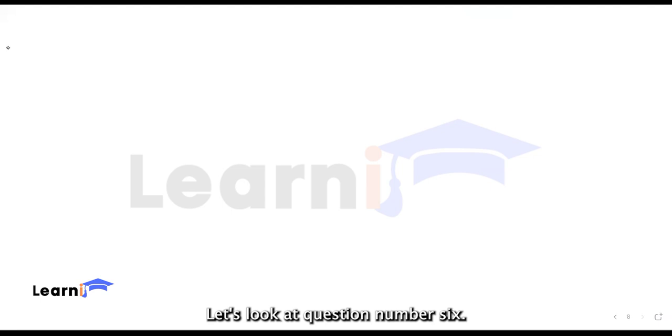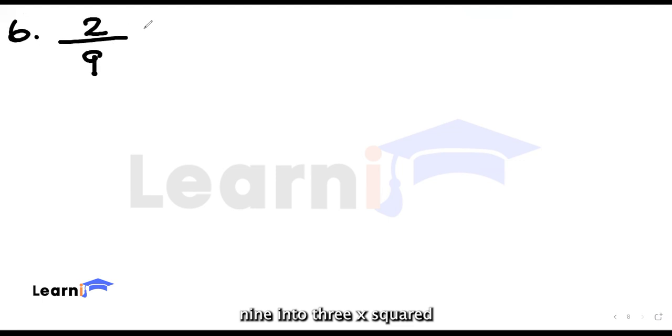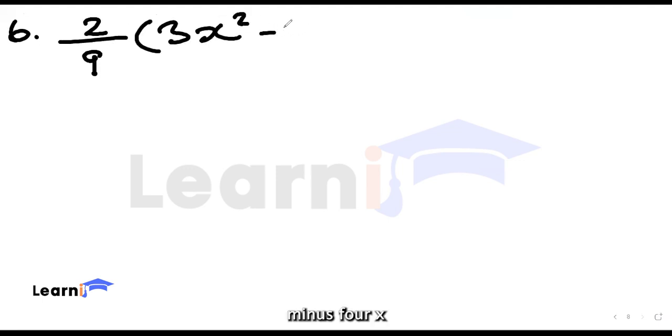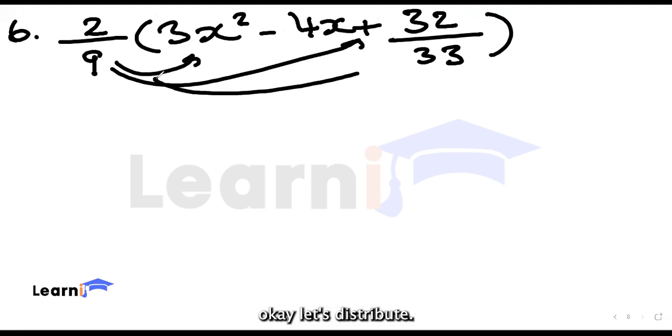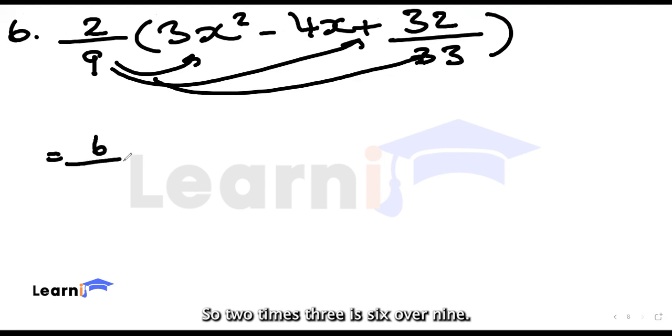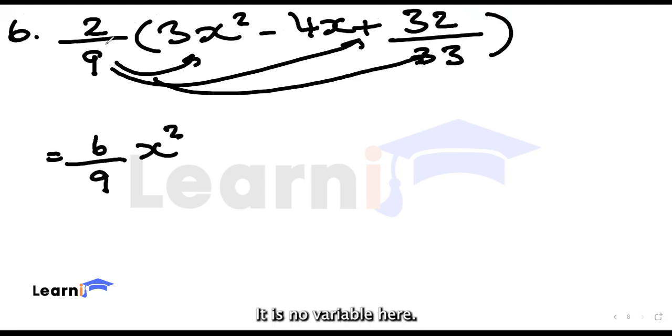Let's look at question number 6, the last one. So here we have 2 over 9 into 3x squared minus 4x plus 32 over 33. Okay, let's distribute. So 2 times 3 is 6 over 9. And here we have an x squared. There is no variable here.